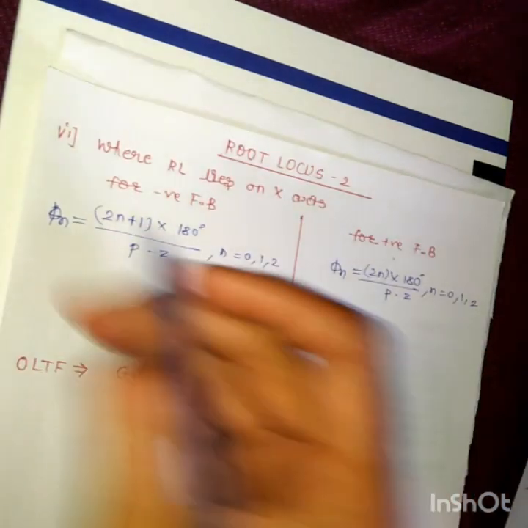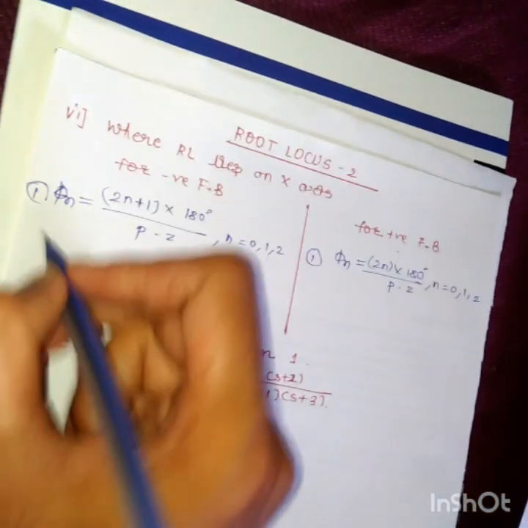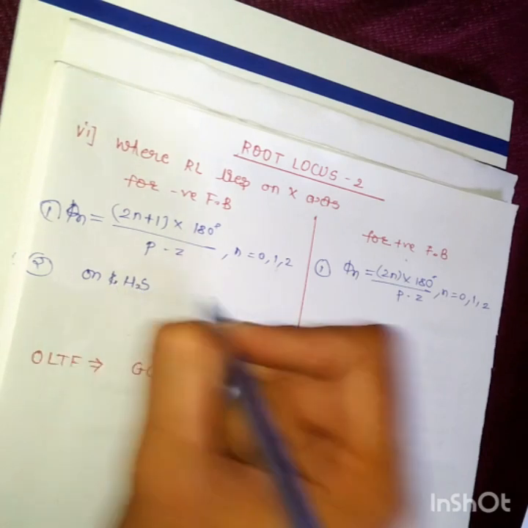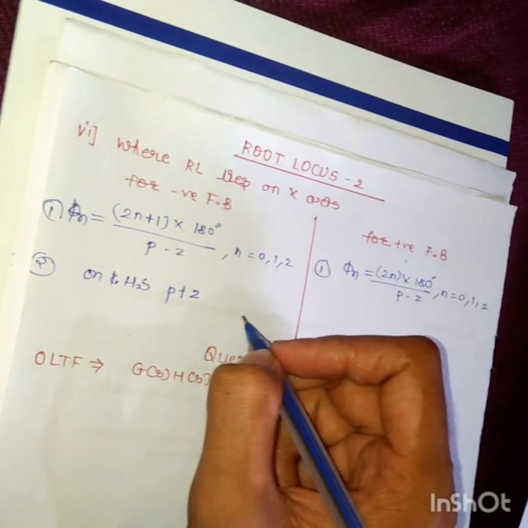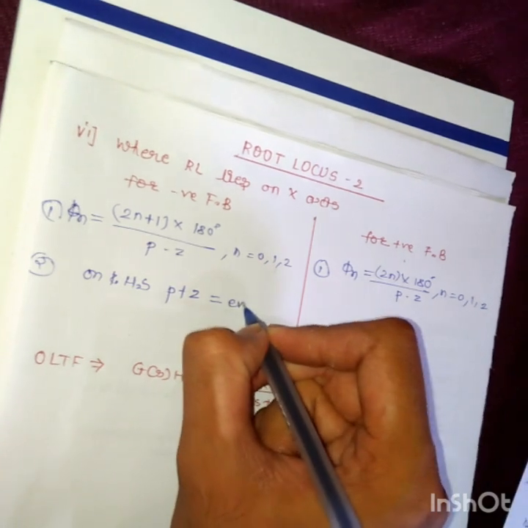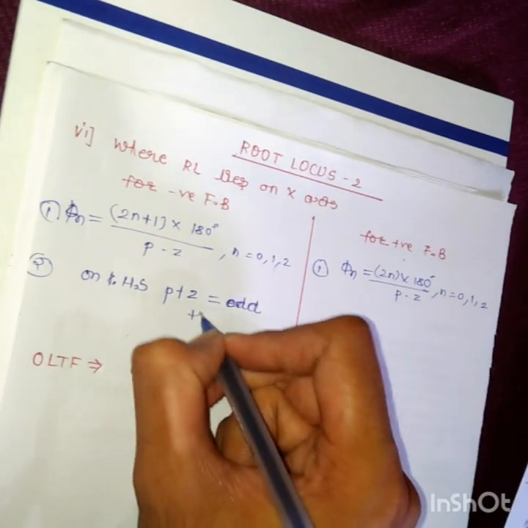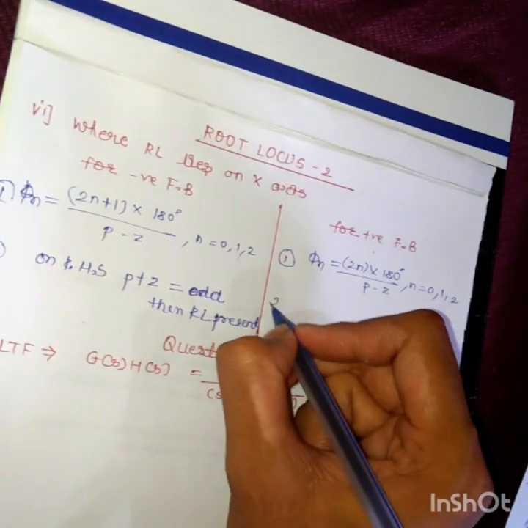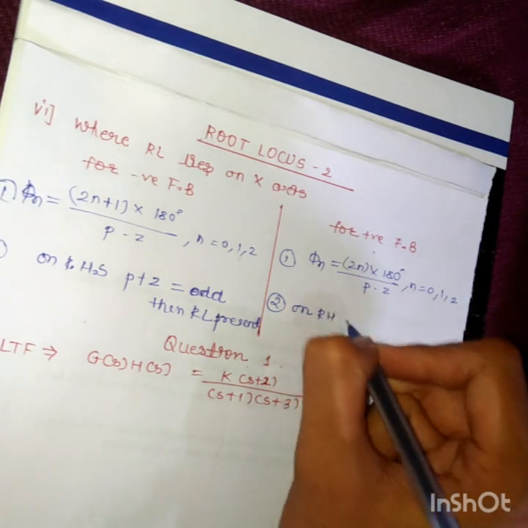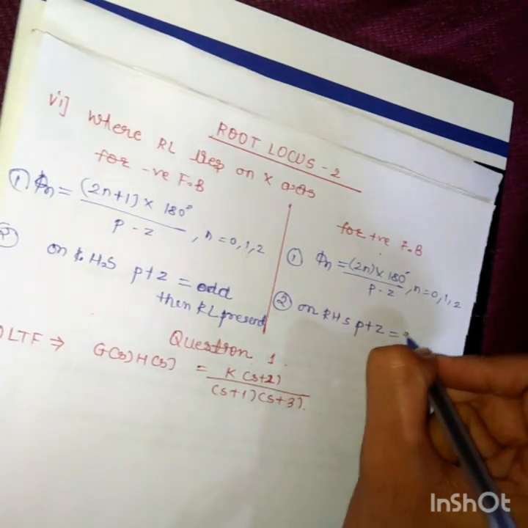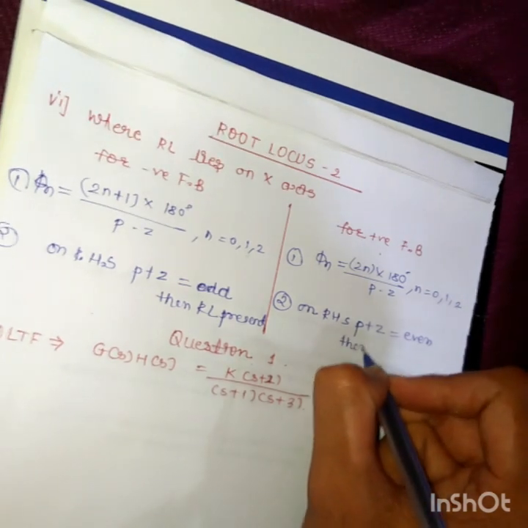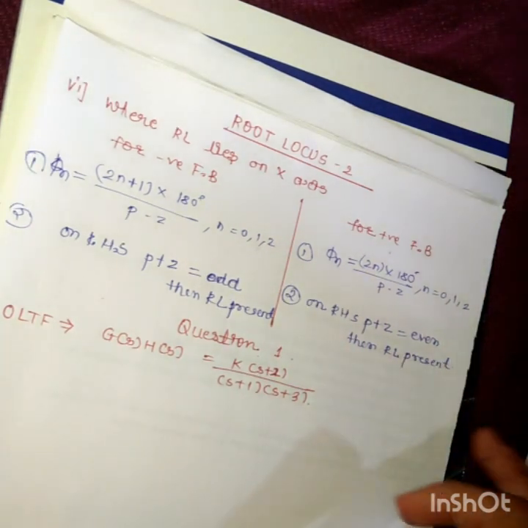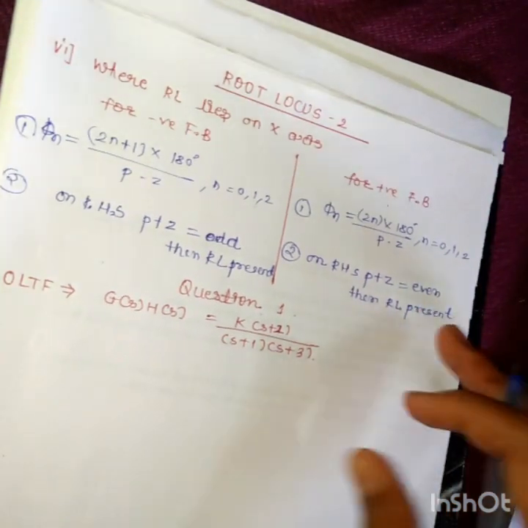The second difference is on the right hand side: for negative feedback, if poles plus zeros is odd, then root locus is present. For positive feedback it is vice versa: on the right hand side, if p plus z is even, then root locus is present.